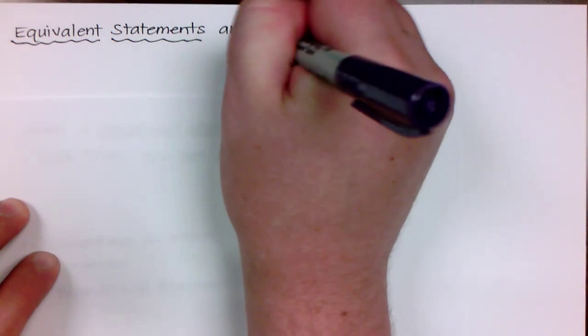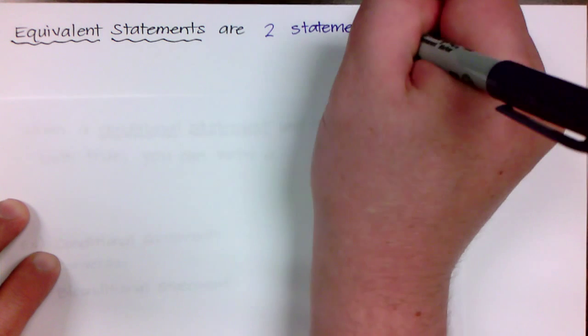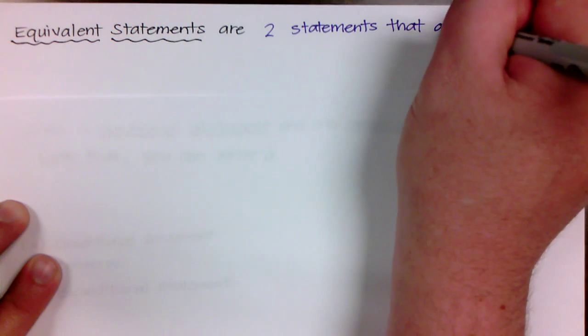So we're going to write a definition for this right now. Let me make sure that you can see that. So equivalent statements are two statements that are either both true or both false.